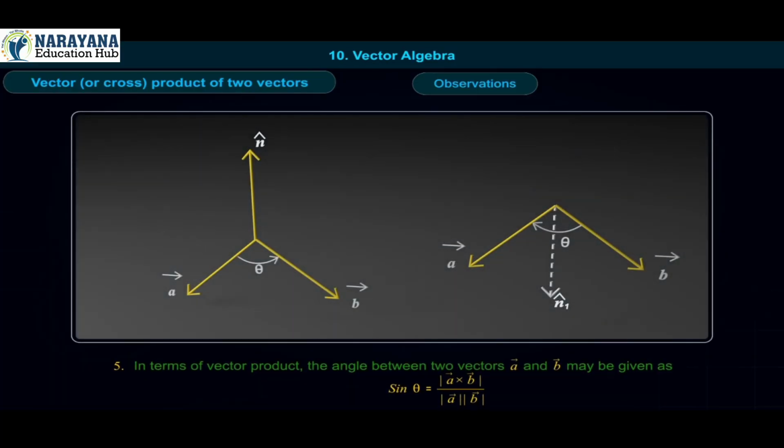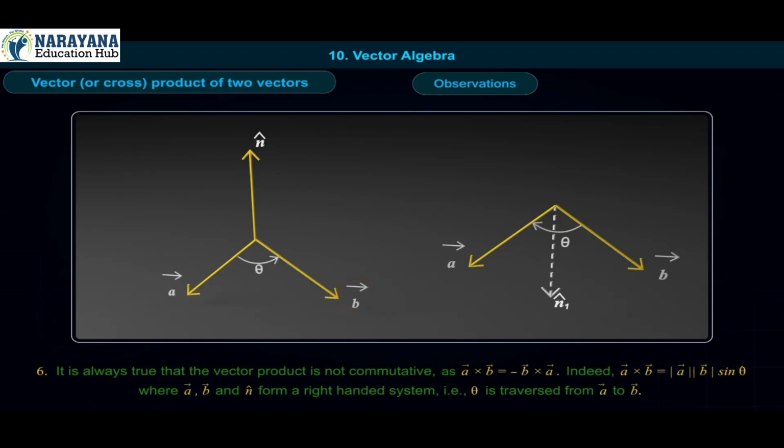Number 5. In terms of vector product, the angle between two vectors, vector A and vector B, may be given as sin theta is equal to modulus of vector A cross vector B upon modulus of vector A into modulus of vector B. Number 6. It is always true that the vector product is not commutative, as vector A cross vector B is equal to minus vector B cross vector A. Indeed, vector A cross vector B is equal to modulus of vector A into modulus of vector B sin theta n cap, where vector A, vector B and n cap form a right-handed system.